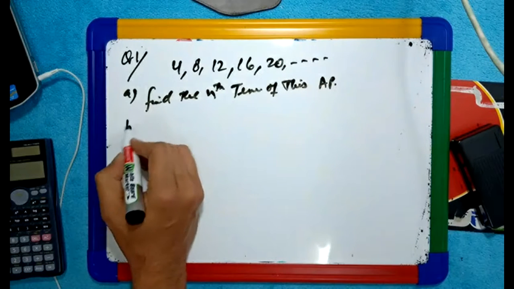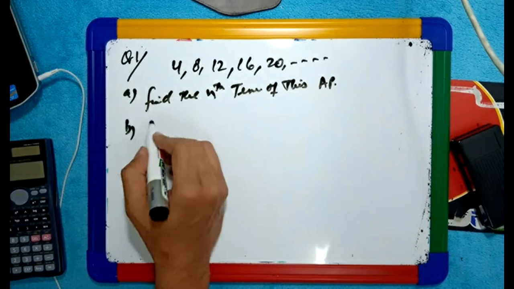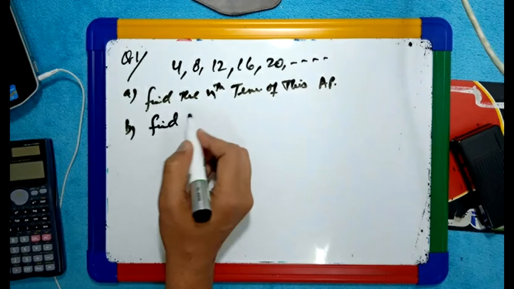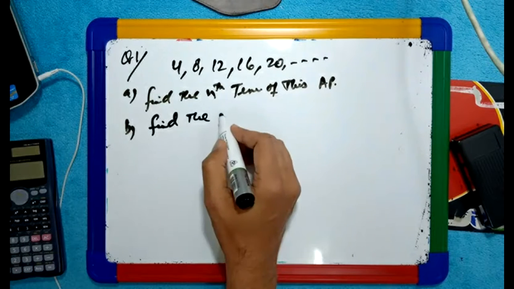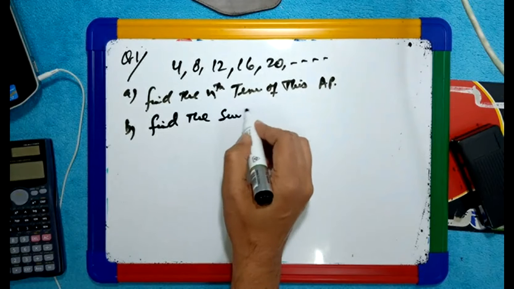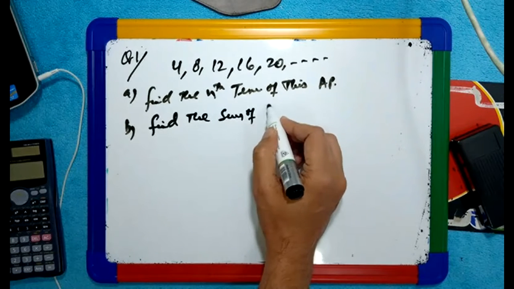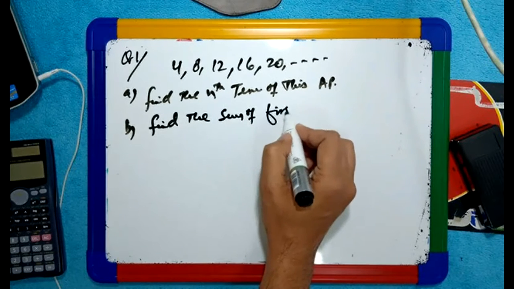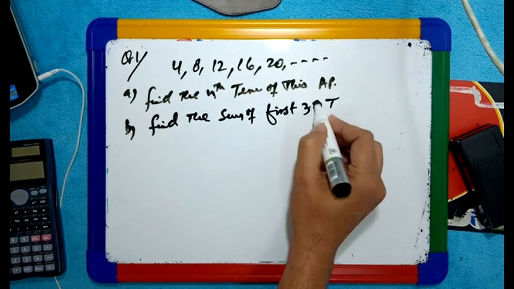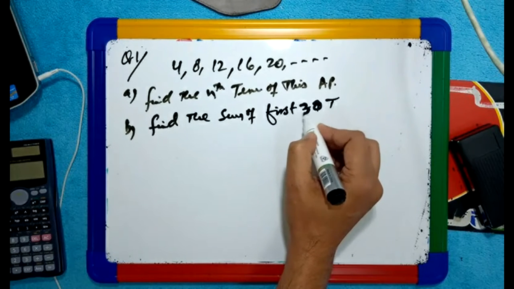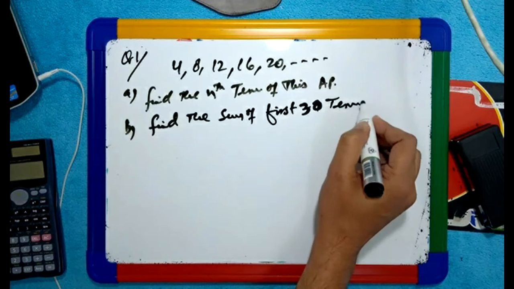B part, find the sum of the first 30 terms.